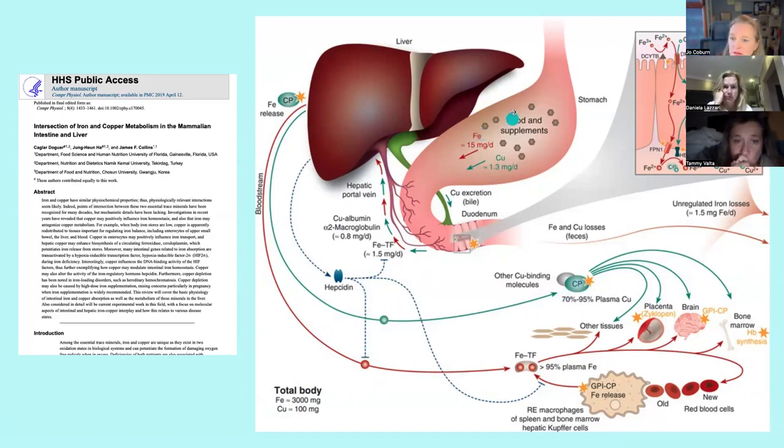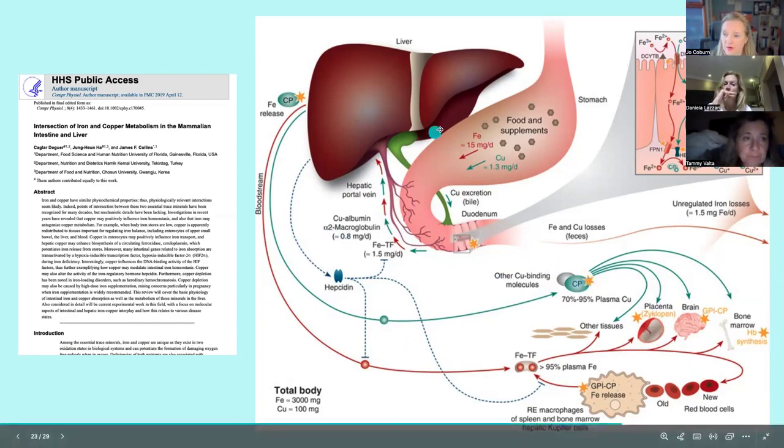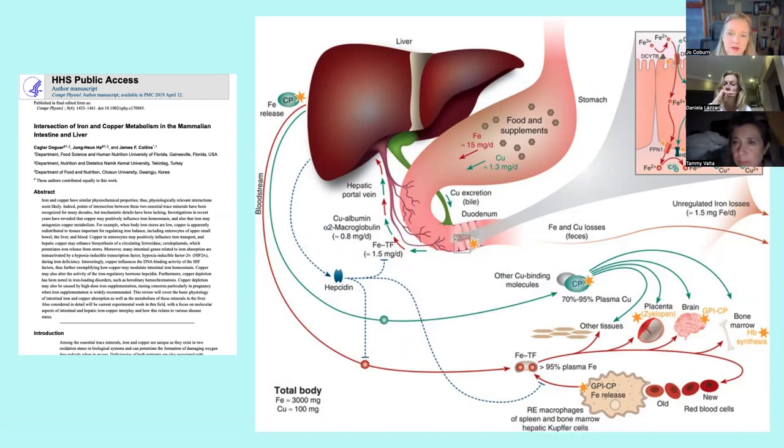It basically talks about when you take in the iron and the copper in food and supplements, how it gets moved around the body and how they're interconnected. Remember we've said you need copper to be able to absorb iron. This diagram in the article talks about all the different places where that happens.